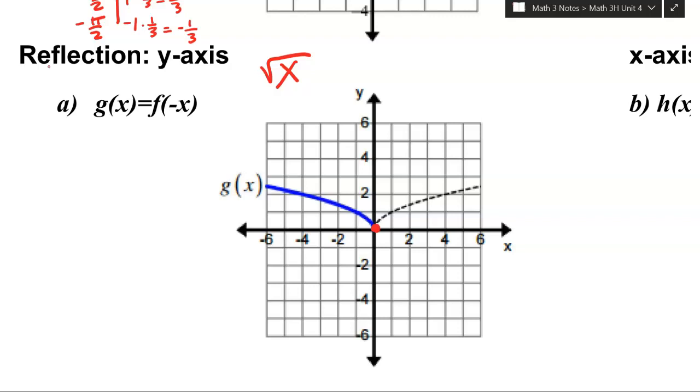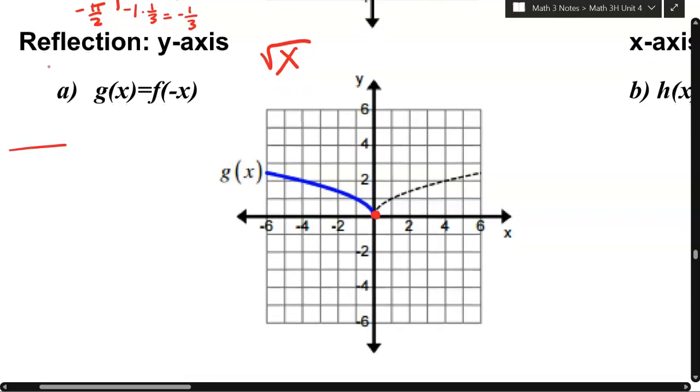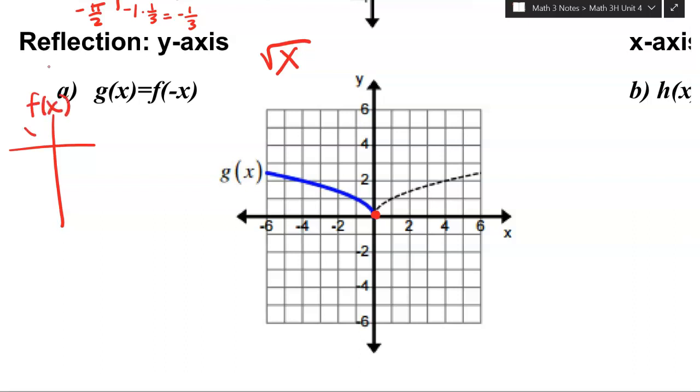So we can look at points and see why that's the case. All right, so we have f of x. So we have 0, 0, 1, 1, and let's do 4, 2 as well. Because it is a square root, we want to get nice whole numbers there.